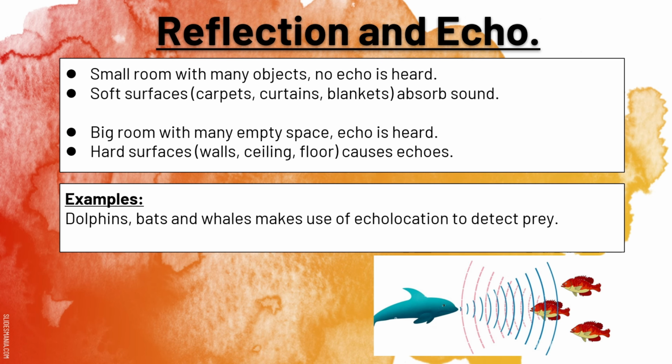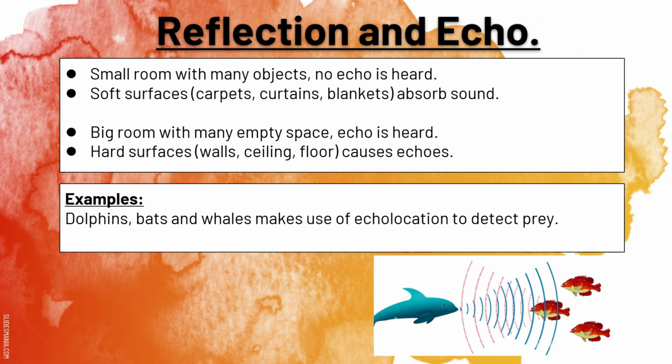So remember, a summary: small rooms with many soft surfaces absorb sound. The sound cannot bounce back, and therefore we cannot hear an echo. While we are in a big room with many hard surfaces like ceilings and walls and floors, the sound can bounce off these surfaces and therefore return back to our ears, and then we can hear an echo.